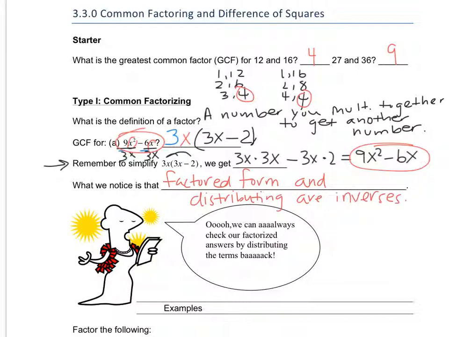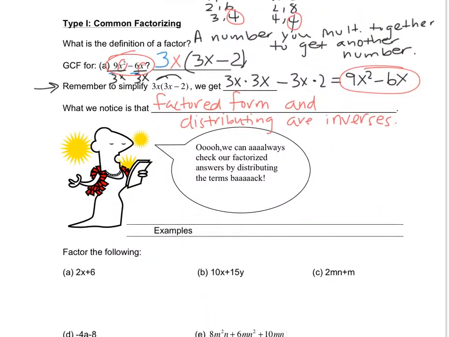They still are the same expression, just another way to write them. So that means we can always check our factorized answers by distributing the terms back. So what a nifty way to always check our work.